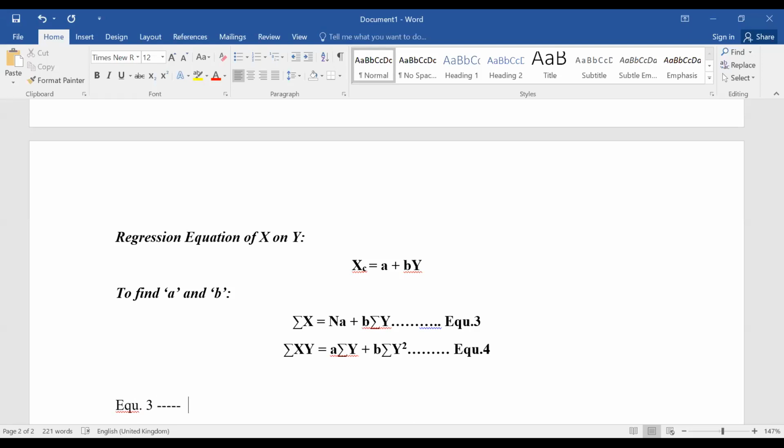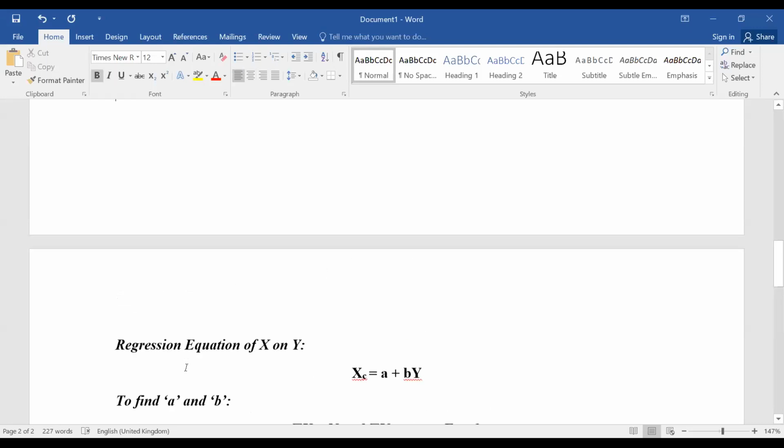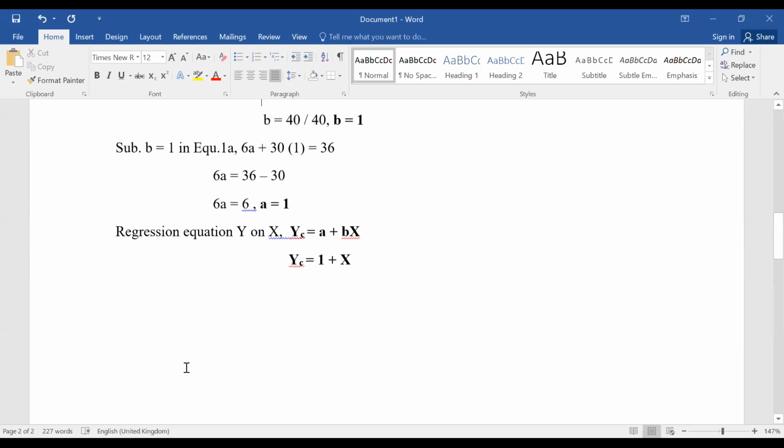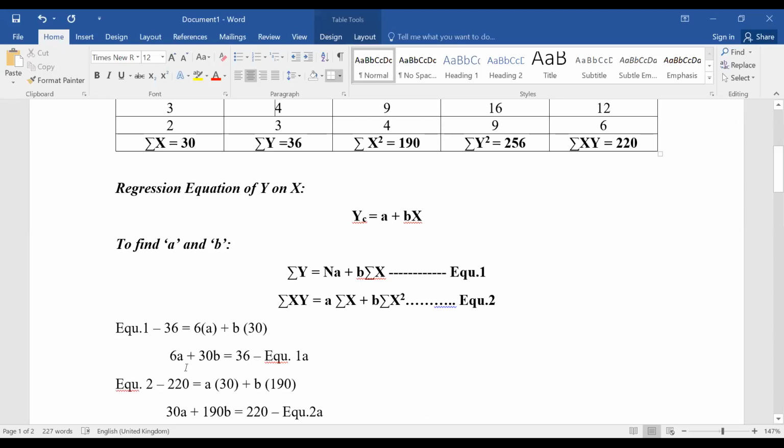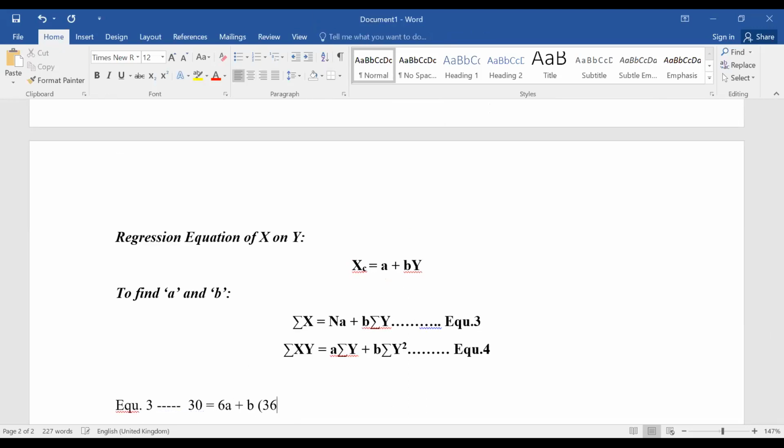Summation x is 30, I think. 30 equals n, which is 6a, plus b into what is summation y? Summation y is 30. Okay, thank you. 36. Okay, make this equation 3a.